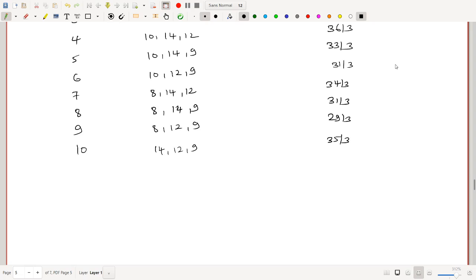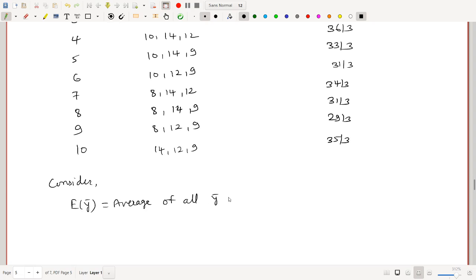To verify this, first consider the expected value of small y bar. Expected value of small y bar means actually the average of all y bar values. You know expectation means average.